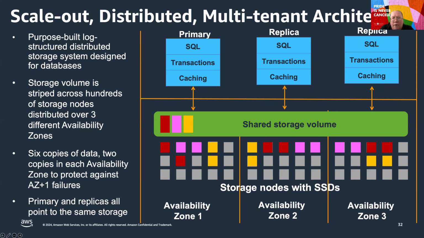So all the primary and replicas that you have in your Aurora database environment point to the same storage, but it's also availability zone aware. There are also preferences for how it pulls the storage from the closest location, and how it recovers from different scenarios. And like I said, you can add up to 15 read replicas. So on top of the same storage, you can have your primary and 15 read replicas.